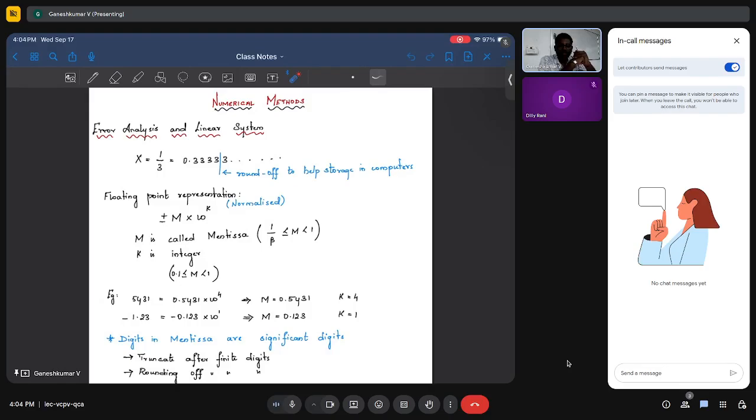That's why we study numerical methods, and it's an important course in every engineering branch, whether mechanical, aerospace or electrical. Every engineering branch uses it.